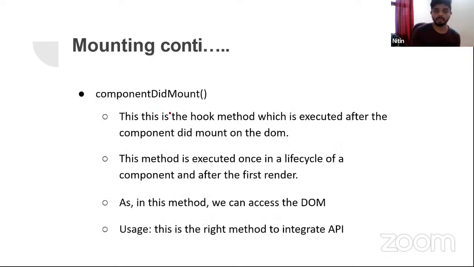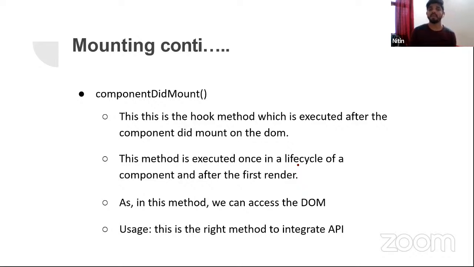And then comes componentDidMount. This is the most important function in the mounting cycle. It is called after the first render of your component, and only executed once in a life cycle.